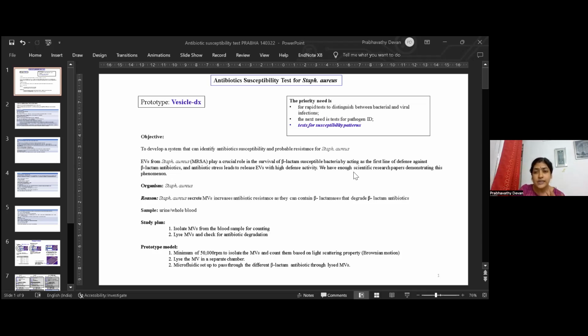The priority, in addition to developing molecular diagnostic kits for different bacterial and viral infections, is that we should also be able to identify and test susceptibility patterns. On those lines, we wanted to develop a system that can identify antibiotics.